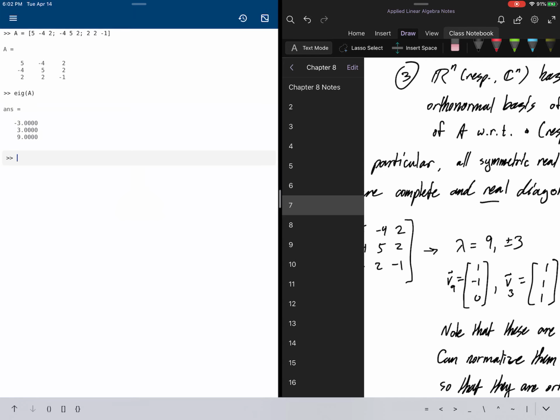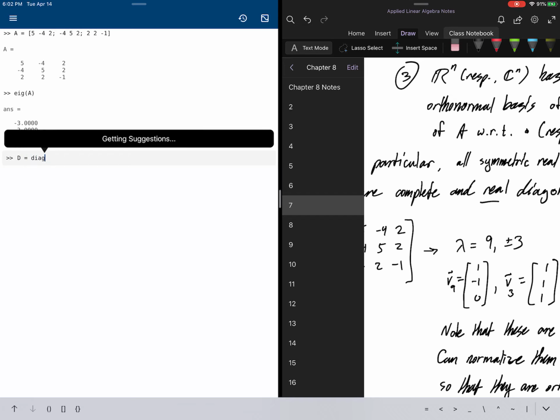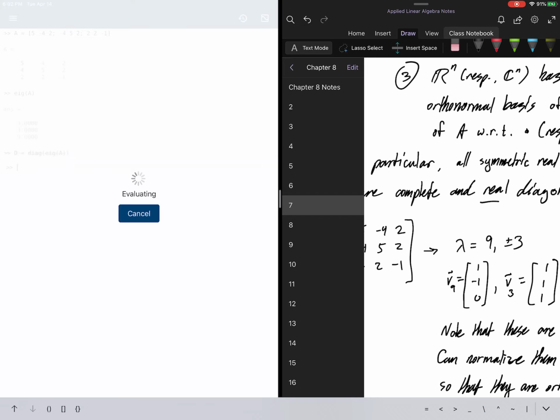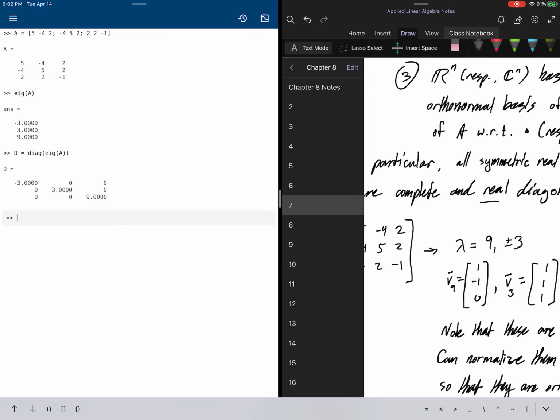So here's A. I can go ahead and show you what the eigenvalues look like. So eig(A). And sure enough, if I wanted to create a D matrix, I could. D is equal to diag(eig(A)). And there it is. It creates a diagonal matrix of the appropriate size, whose diagonal elements are whatever's inside the argument here, whatever the list is.